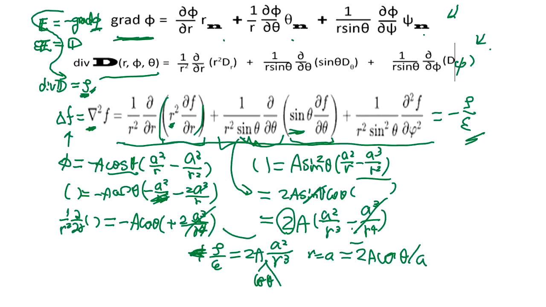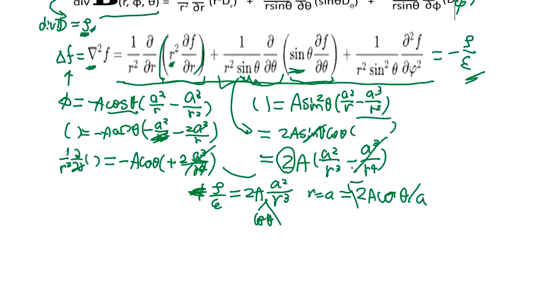Divided by a. Okay, so that's right. So this negative and this negative are cancelled out, so that's gonna be rho.